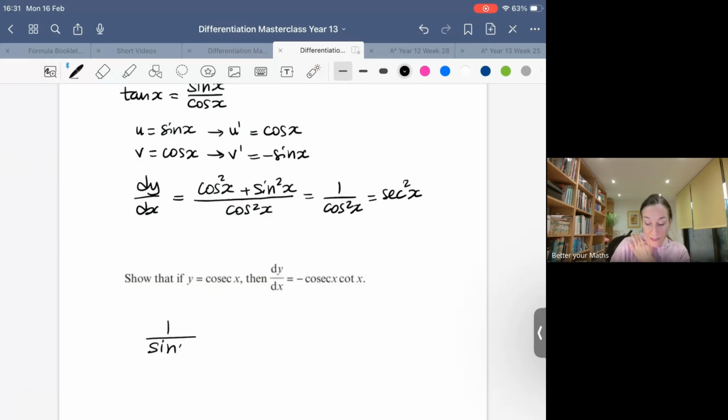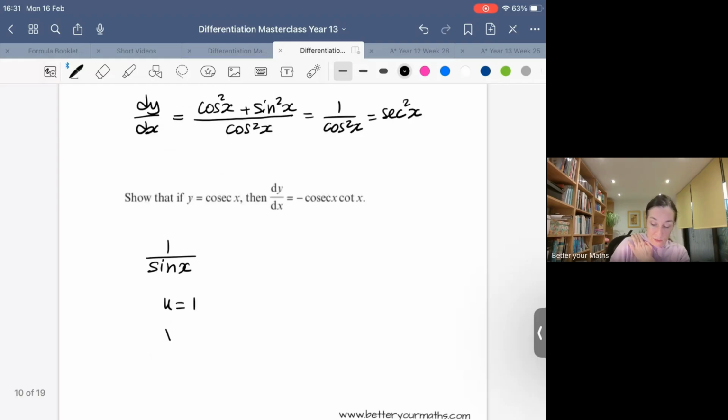So we would use the quotient rule with this one. u would be 1 and v would be sine x. If we have time at the end, we can come back, but the chapter is super long, so I want to carry on. We use the quotient rule with this one, and then we will get minus cosec cot.